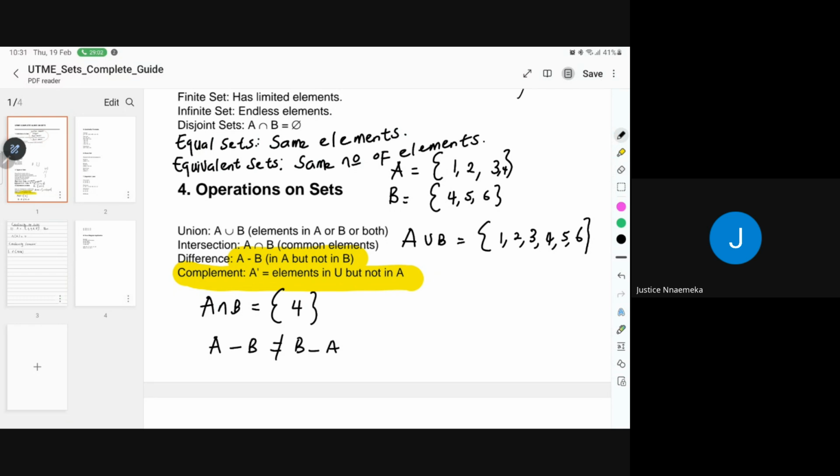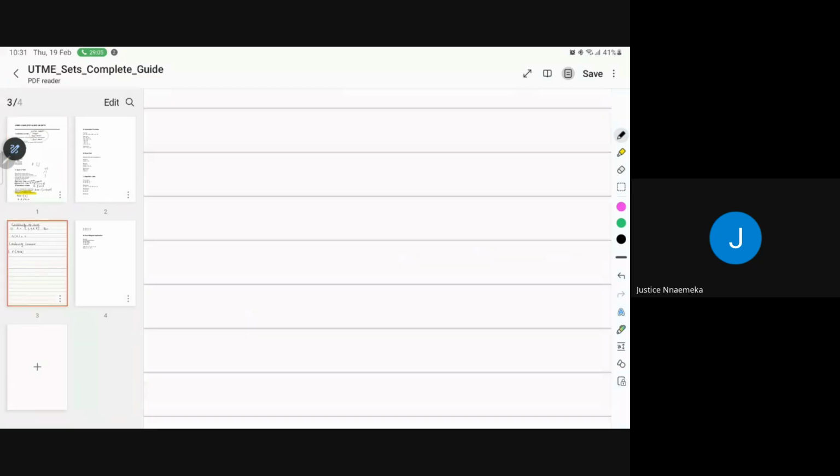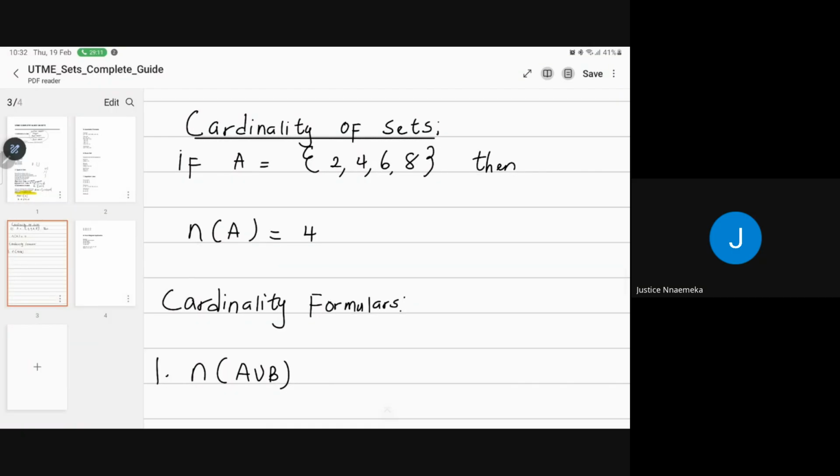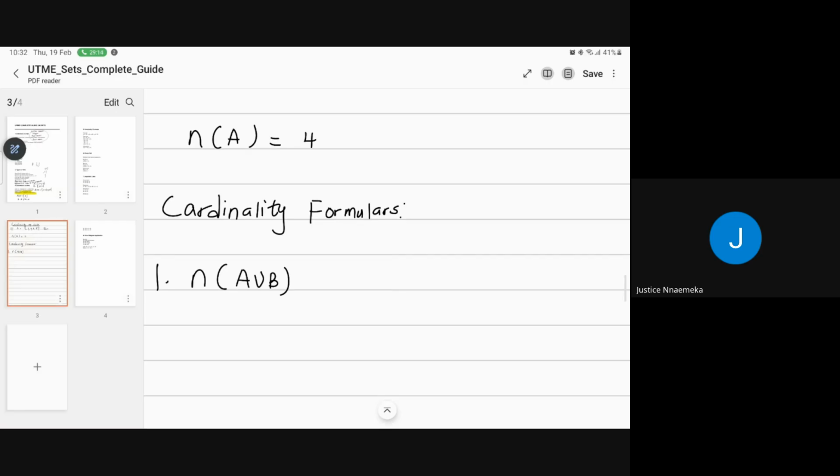So I think I've given you the key variables that we need. Let's now go straight to the cardinality I was talking about, which has to do with the number of elements of sets. I've talked about intersection, difference, and complements.